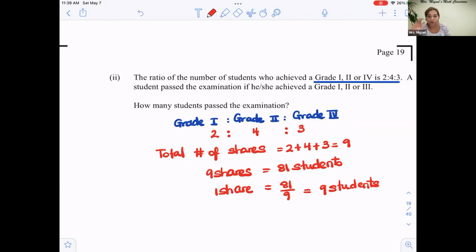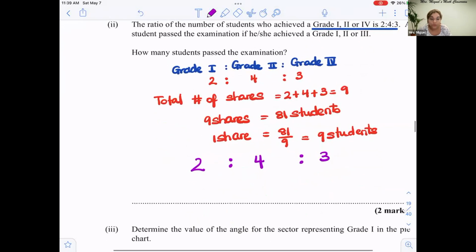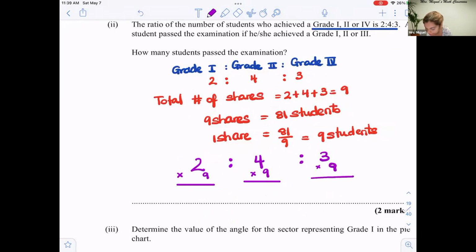So let us see what this means. 2, 4, 3. 2 shares will be 2 by 9, 4 shares, 4 by 9, and 3 shares, 3 by 9. Work out that for me.